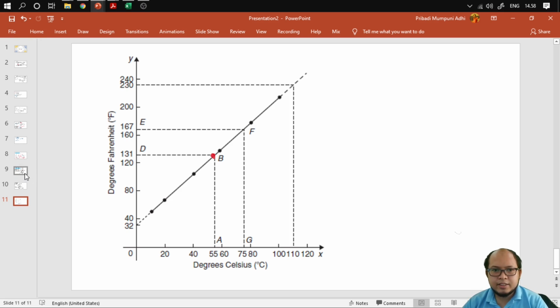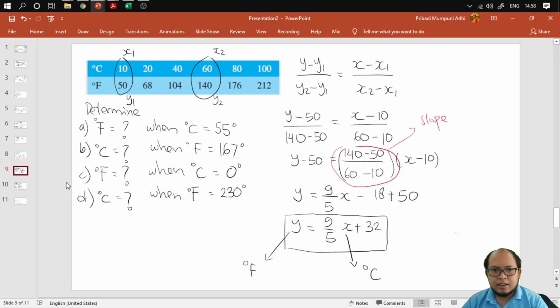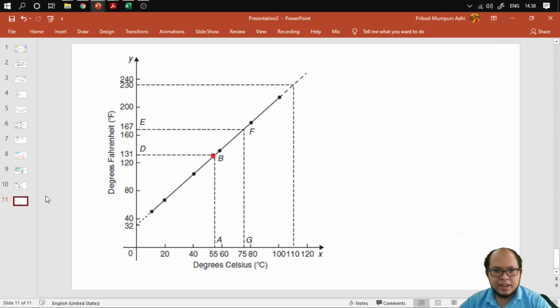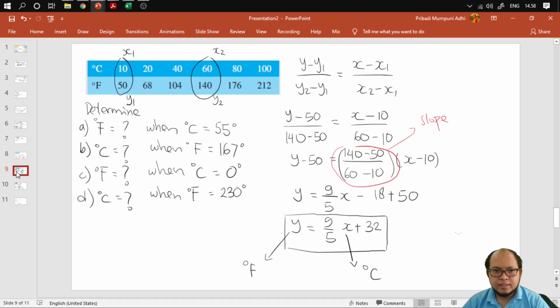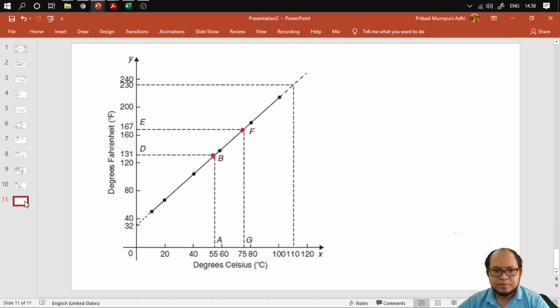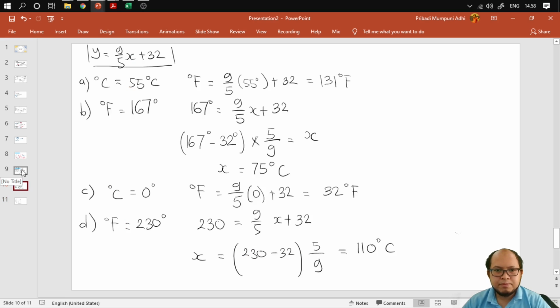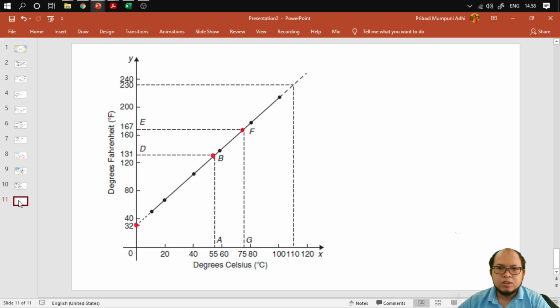And the second is 167 Fahrenheit, 167 is this point. The next one is when the degree C is equal to 0, so this point. And the last one is when the Fahrenheit is 230, so this value.